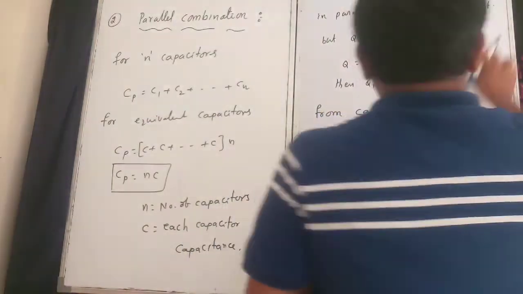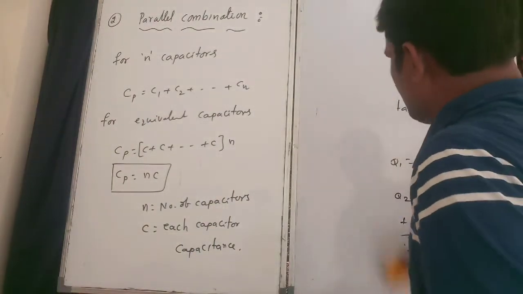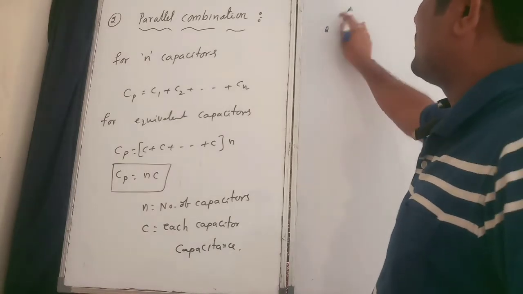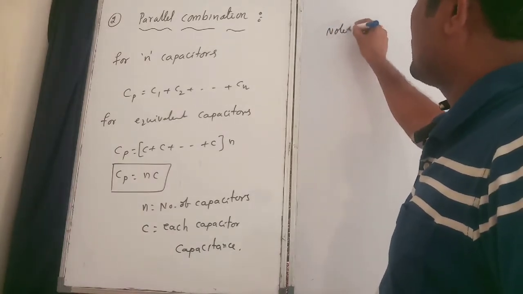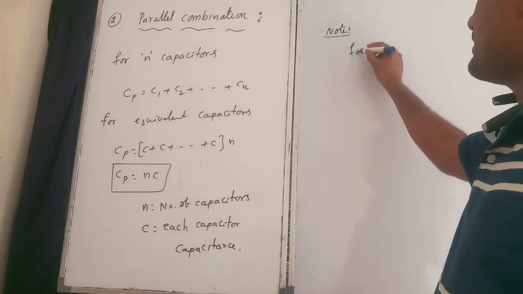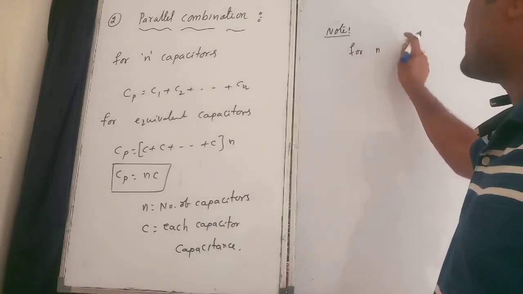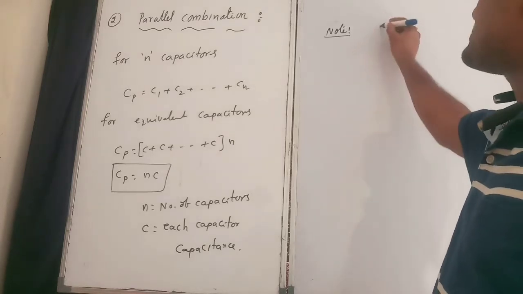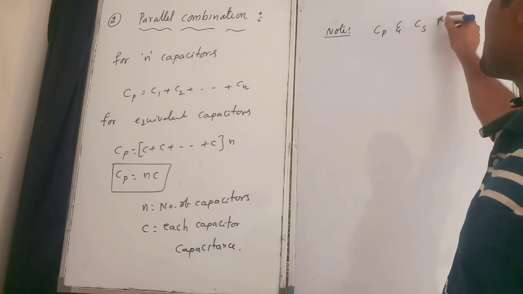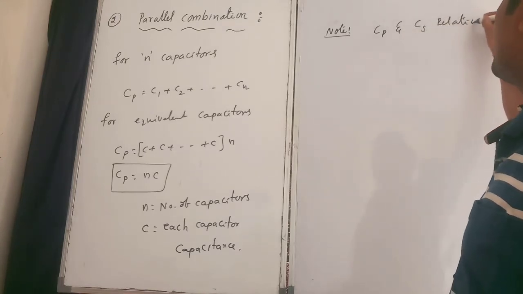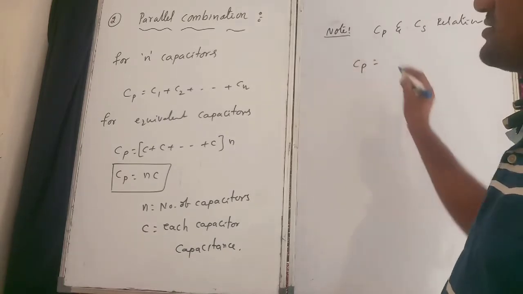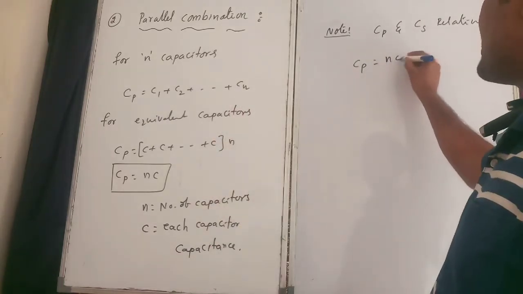Right. Small note here. For n capacitors, the relation between CS and Cp for equivalent capacitors: Cp is equal to NC.